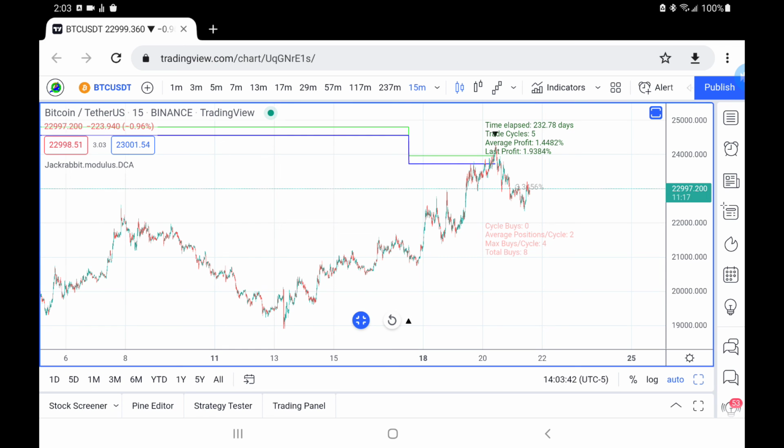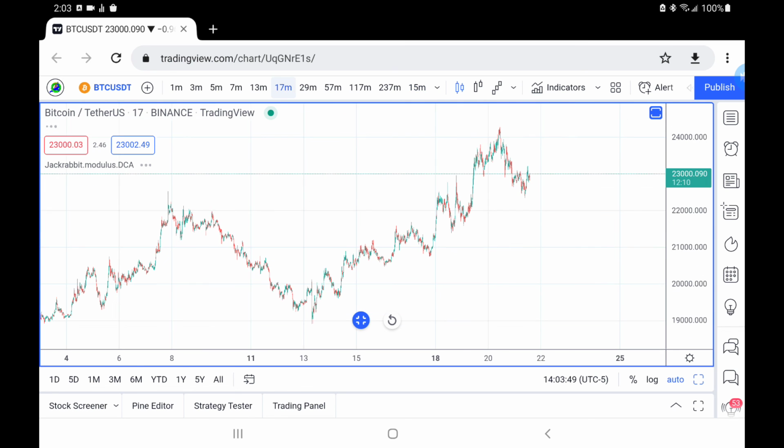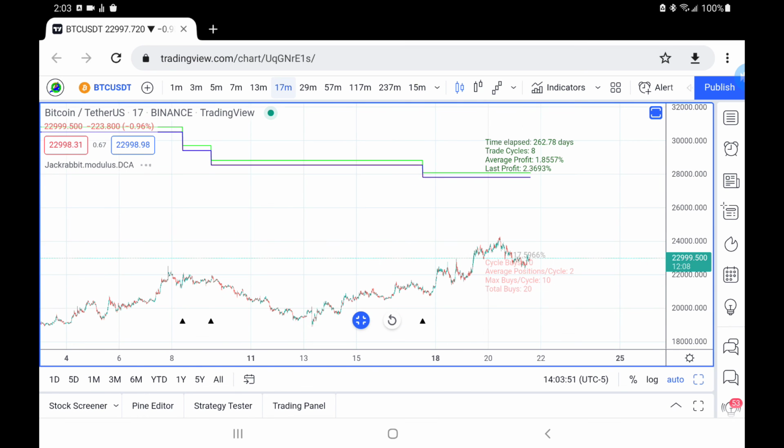It's doing good too. 17-minute, maximum buys of 10 positions. That's not bad. 8 trade cycles.